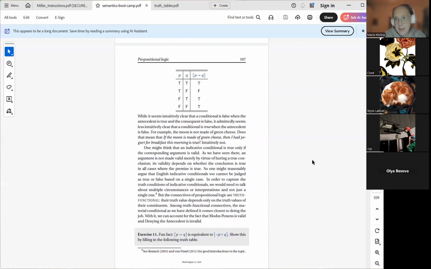This is a difficulty. And fun fact here is that if P then Q gives us the same, it is an equivalent of not P or Q. Okay?